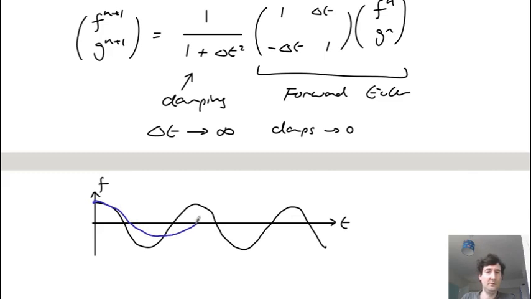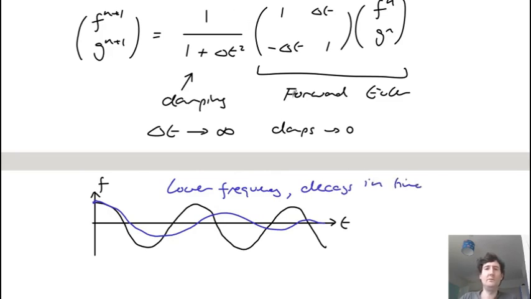So what we find is that the wave kind of decays like this. So it has a slower frequency and it also decays in time.